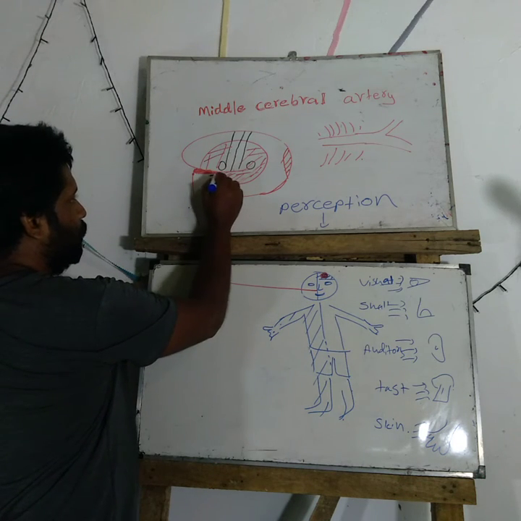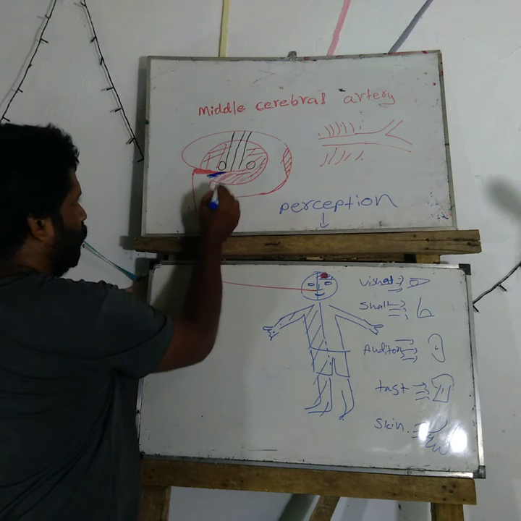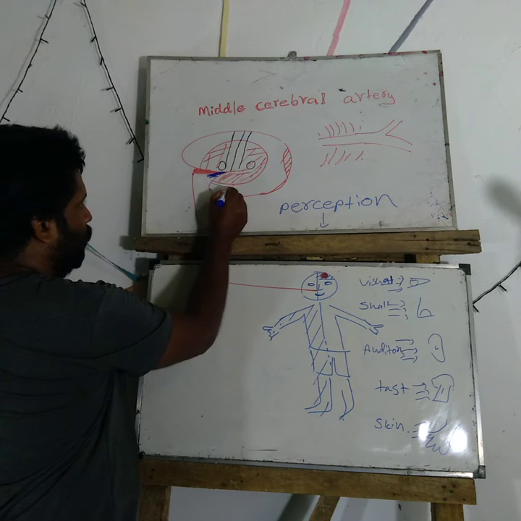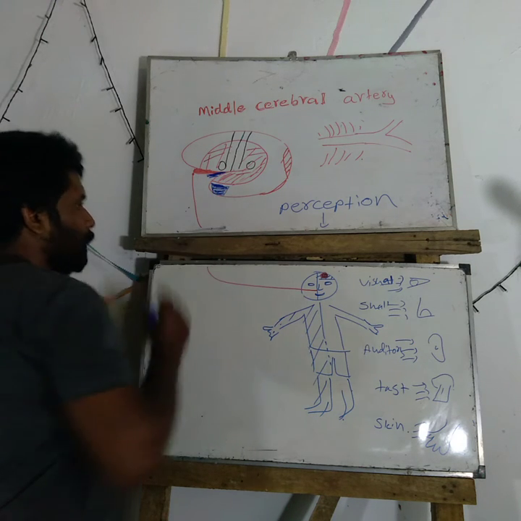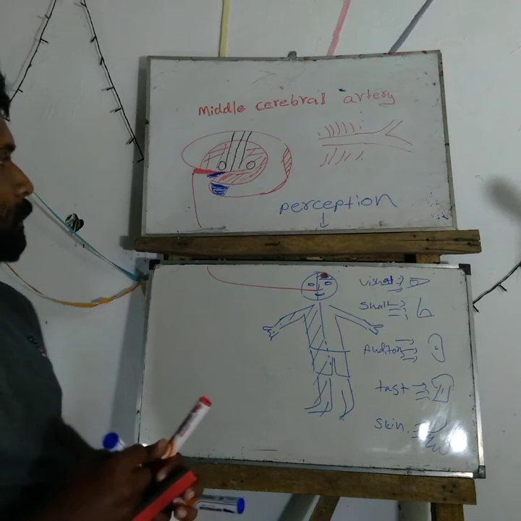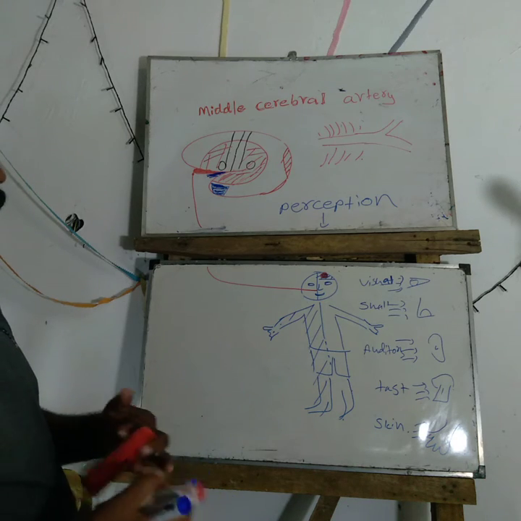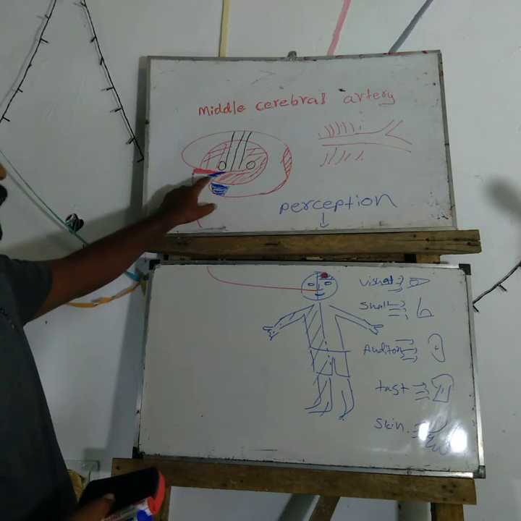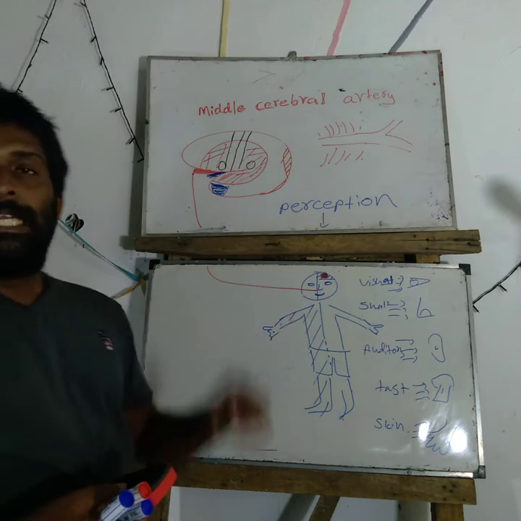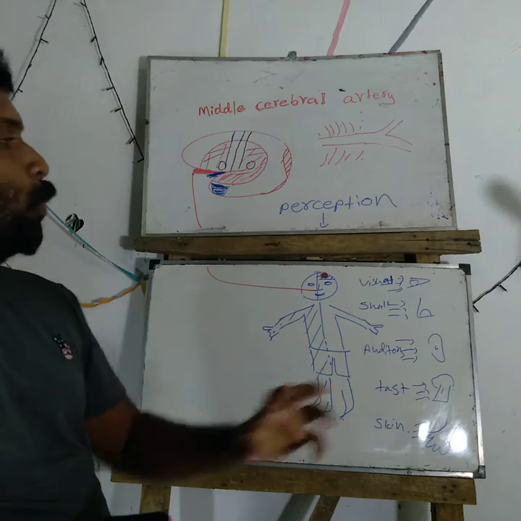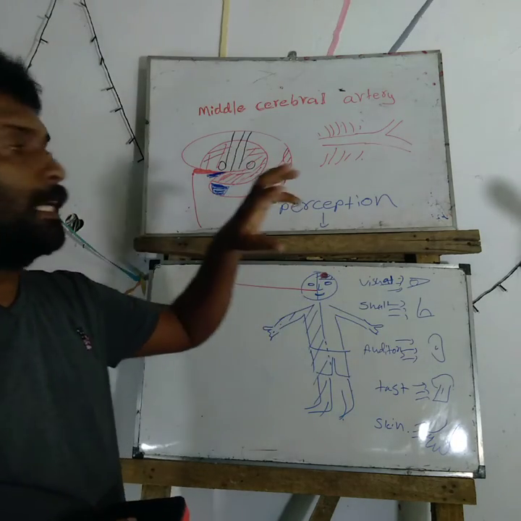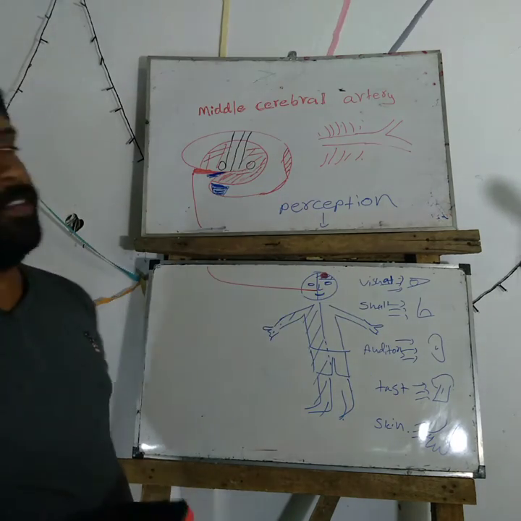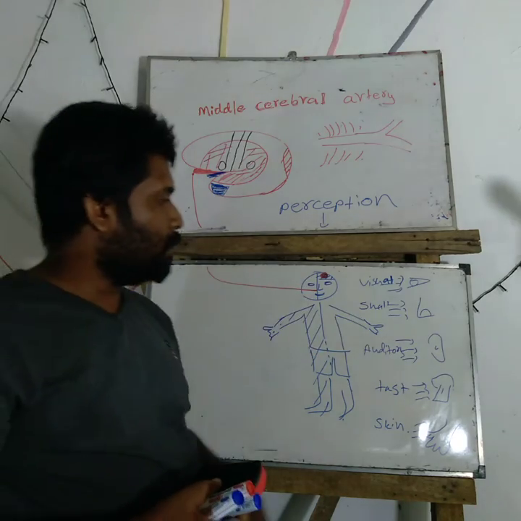This is the area. Smell is taken to the olfactory bulb and the anterior inferior olfactory area, and installed as perceptual smell stimulation. That concludes the smell.